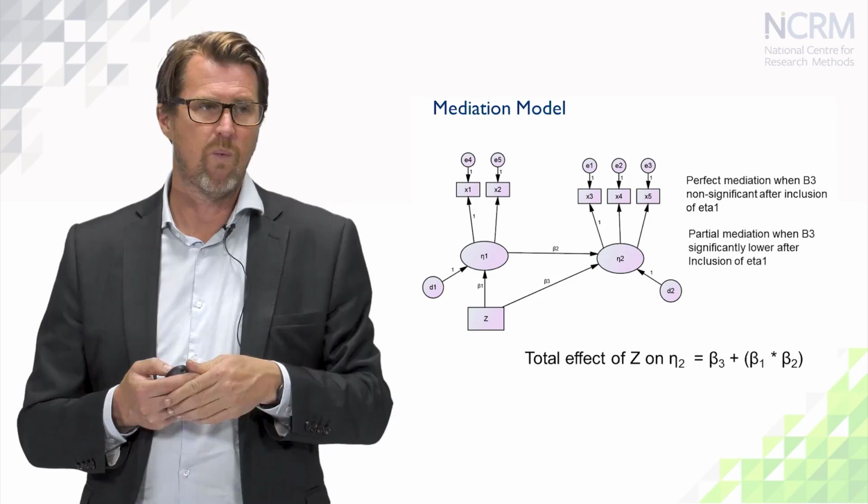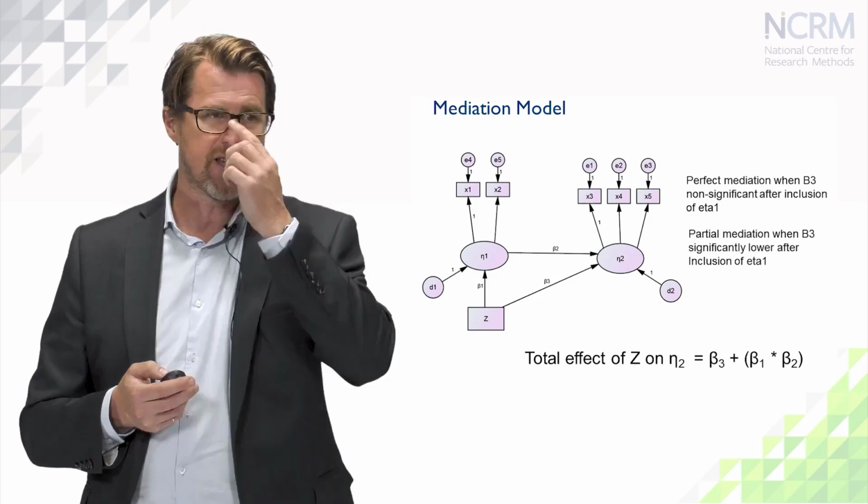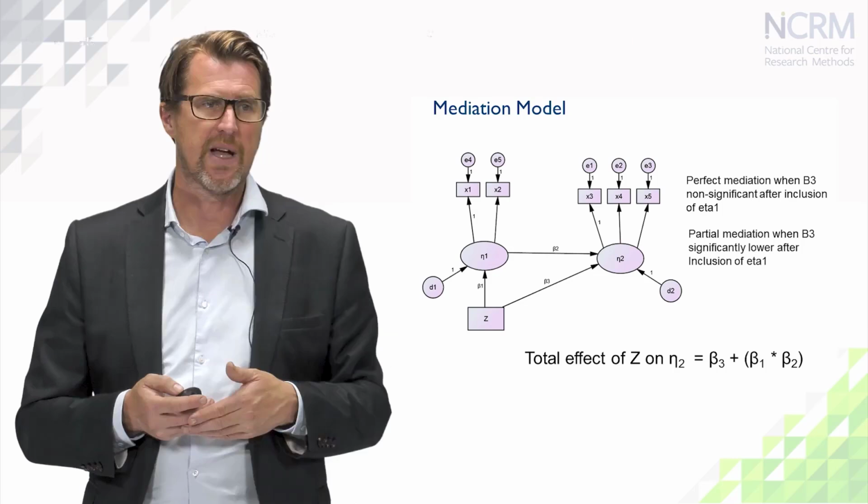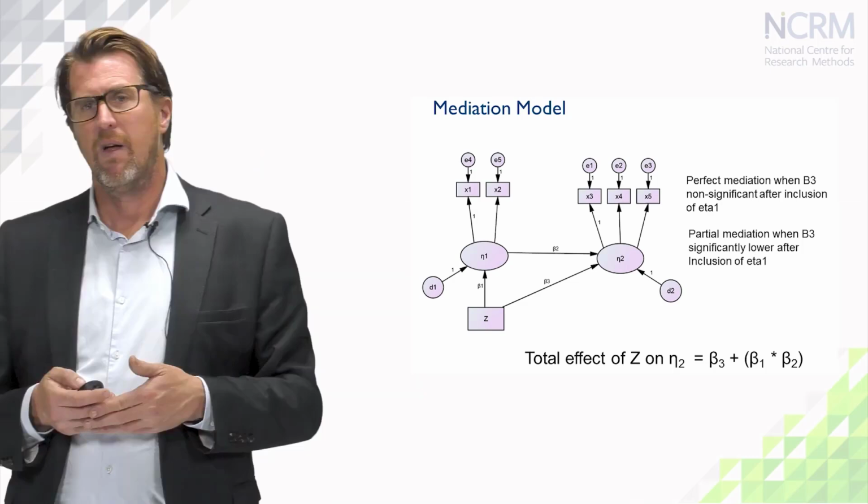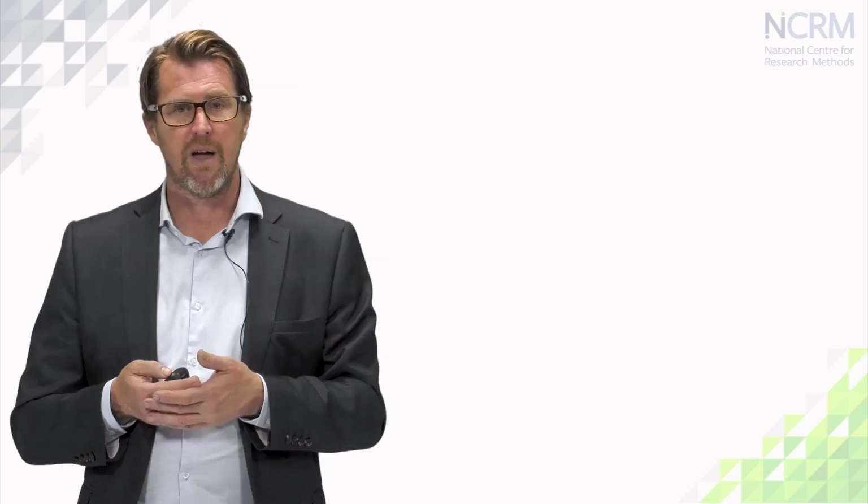Where there is still a residual effect, i.e. a significant path between Z and eta 2, that would be referred to as partial mediation. Now, as I said, we can specify these kinds of models using a series of OLS models, and we can recover the indirect effects by taking the product of the respective direct effects to get the indirect and total effects.